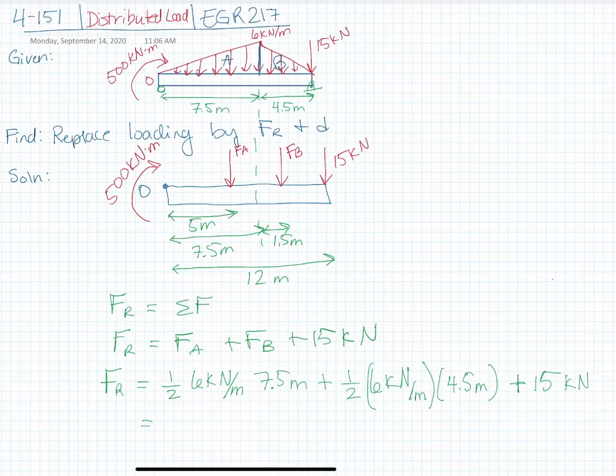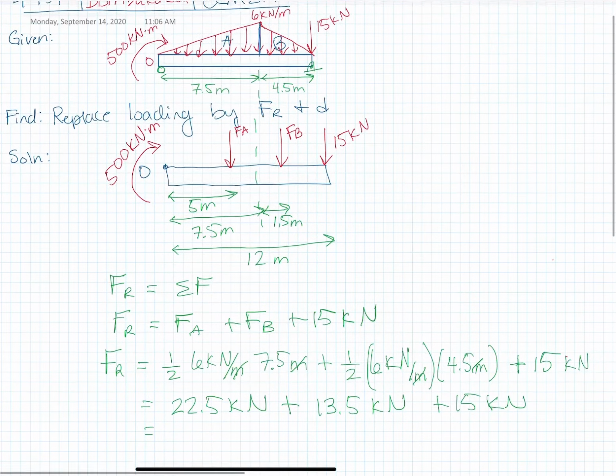So that's 1/2 of 6 is 3 times 7.5, so it's 22.5 is what FA equals, plus 1/2 times 6 times 4.5. That'd be 13.5 kilonewtons, because the meters are just canceling out, plus 15 kilonewtons.